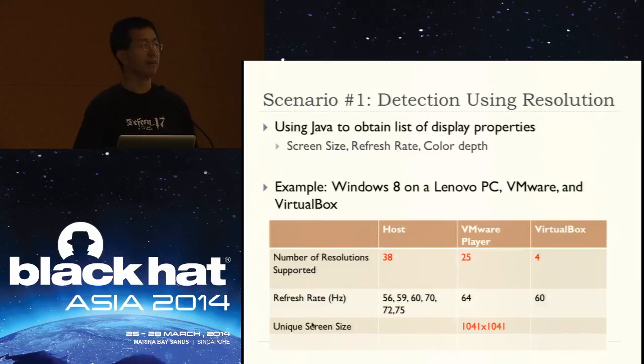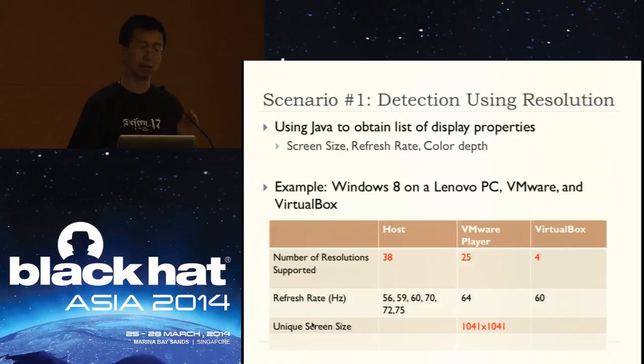It is not that these hypervisors cannot support more. Okay, you just need more work. And for a virtual appliance, you tend to tailor it down, and you often want to run multiple instances in one, so they tend to not implement that many. And plus, if you look at the display refresh rate, VMware is always running at 64 Hertz and VirtualBox at 60 Hertz.